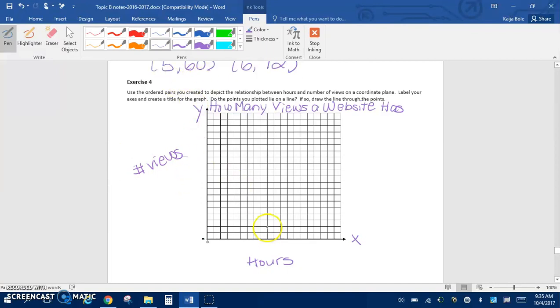Alright, in hours we were just counting by 1, so I'm going to skip every other line. This would be 1, 2, 3, 4, 5, 6. I'm going to put one more for 7. And then views, I think counting by 10s would probably be a good idea, so again I'm going to skip every other line.